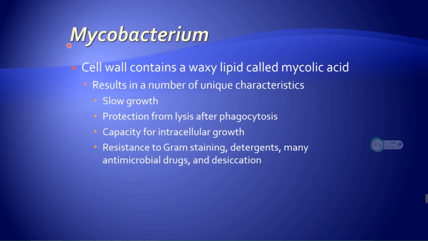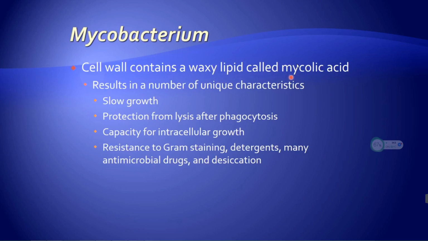Let's talk about why this bacterium is so hardy and difficult to deal with. And one of the major reasons is because of its cell wall. And that's the problem. It's got a very waxy cell wall, very resistant to many, many features within our bodies, especially with water, and we'll deal with the other ones in a minute.